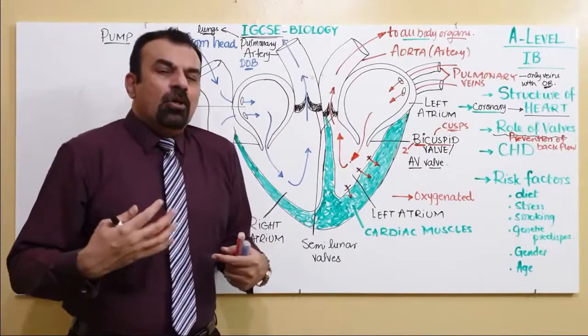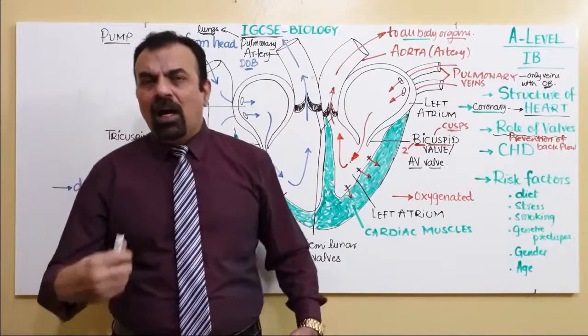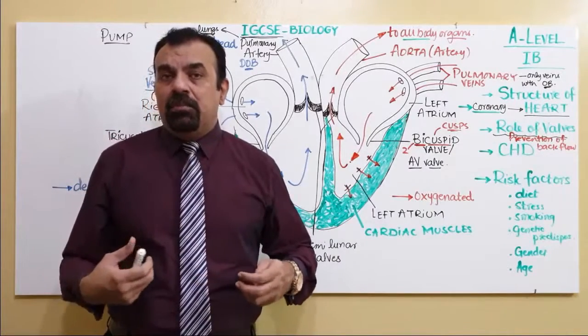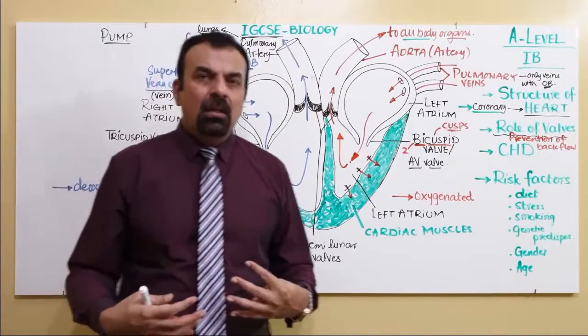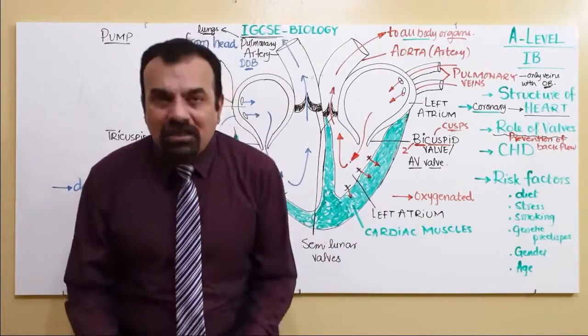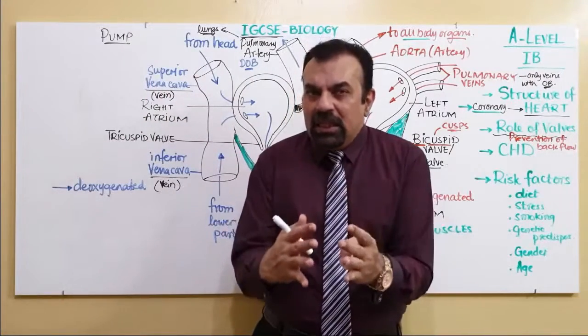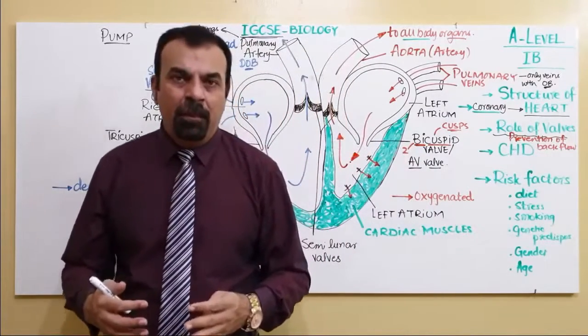And if there is no glucose, no oxygen, then heart will not be able to beat, because heart needs energy. A lot of energy is needed, because it's a muscle, and it's the strongest muscle of our body. Cardiac muscles are the strongest muscles. And why are they the strongest? Because these muscles need to keep on working 24/7.